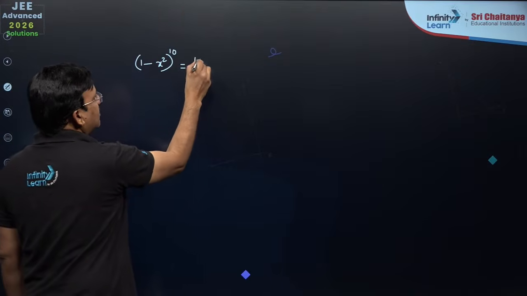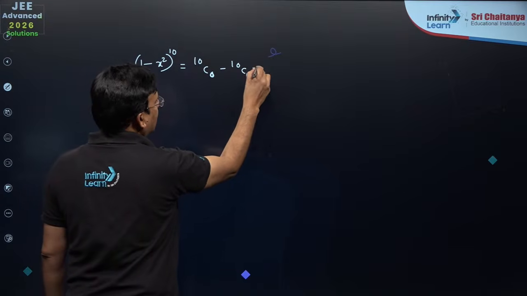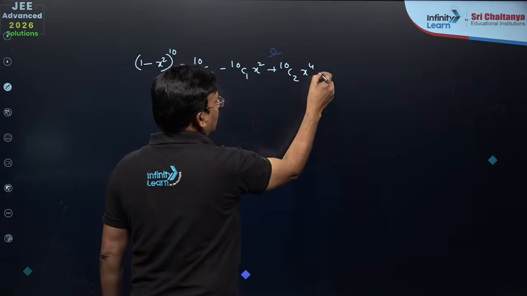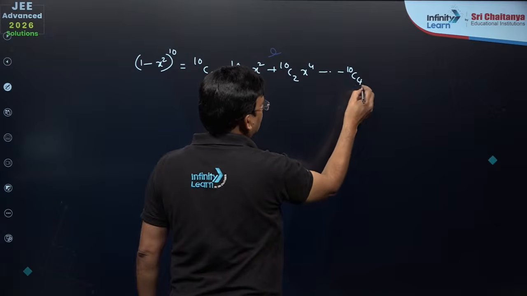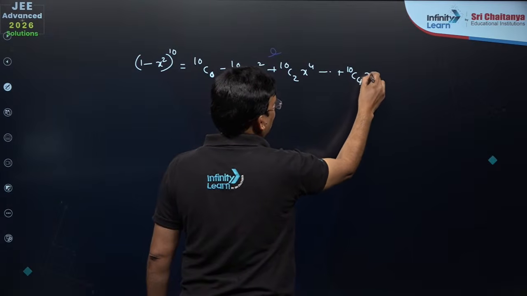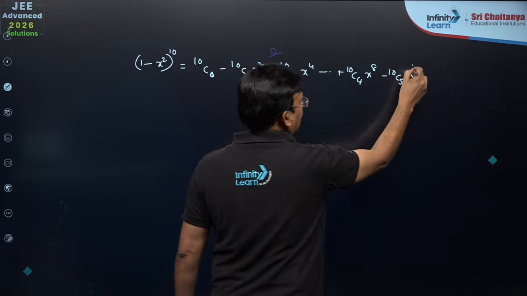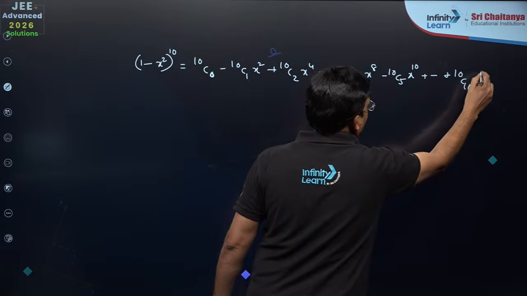So can I write it as 10c0 minus 10c1 x square plus 10c2 x power 4 and so on, plus 10c4 x power 8 minus 10c5 x power 10 and so on. I can write 10c10 x power 20.